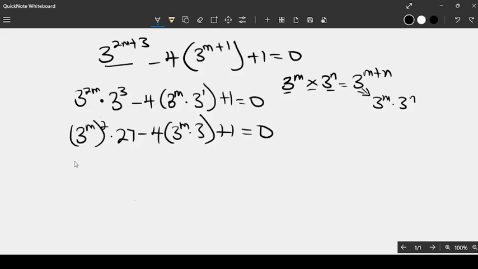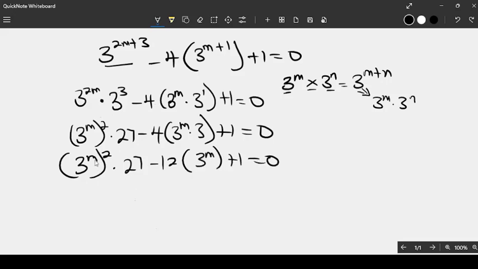So we can have 3 exponent m times 2 times 27. So 4 times 3 gives us 12, times 3 exponent m, plus 1 equals to 0. Now you see we have 3 exponent m here and 3 exponent m here. So we can say that let x be equal to 3 exponent m.